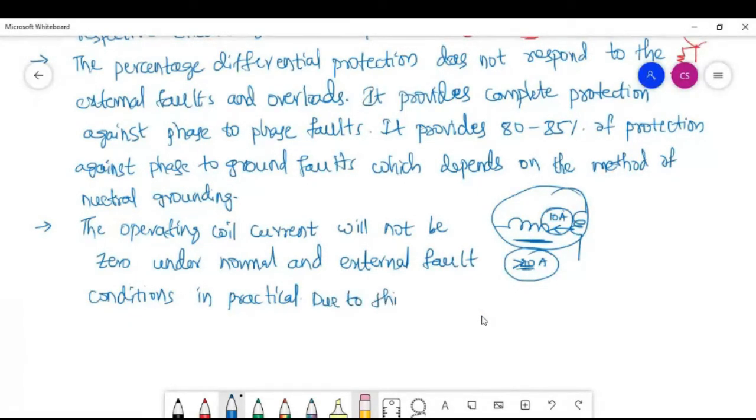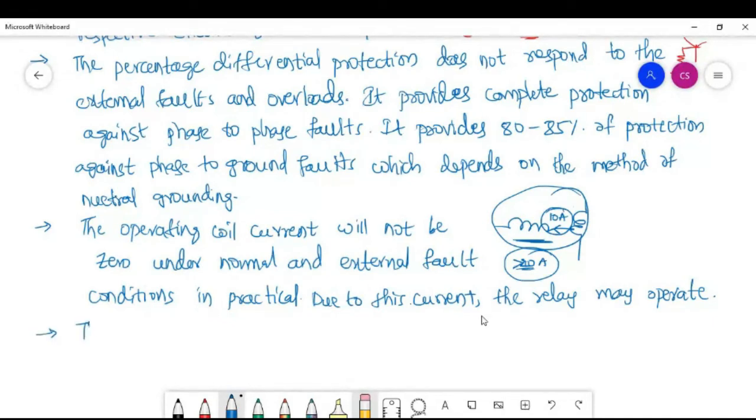Due to this current, the relay may operate, but actually the relay should not operate because it is normal and external fault conditions. So we need to provide the settings.